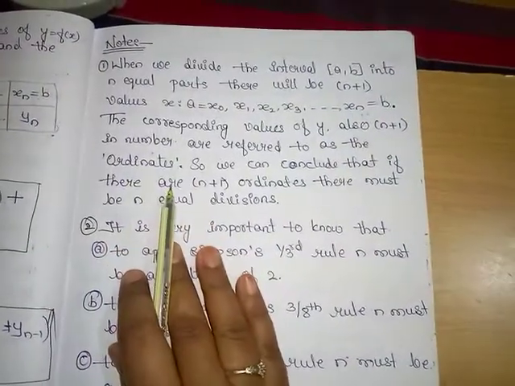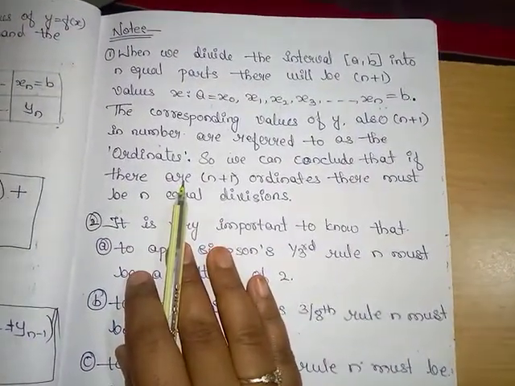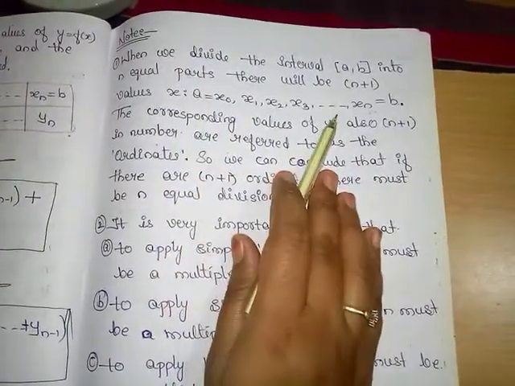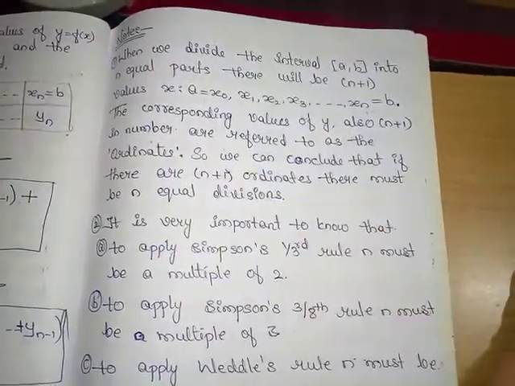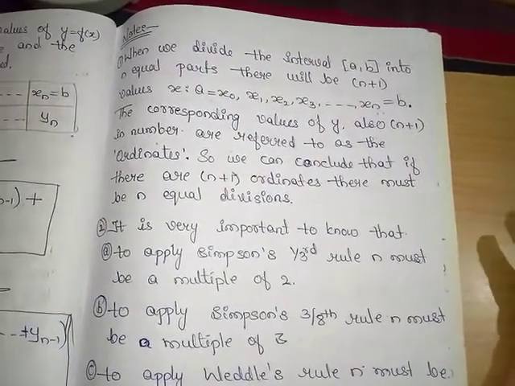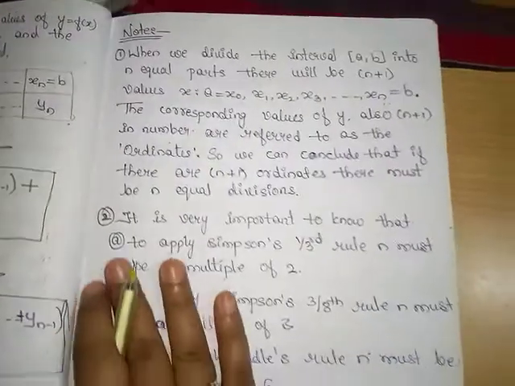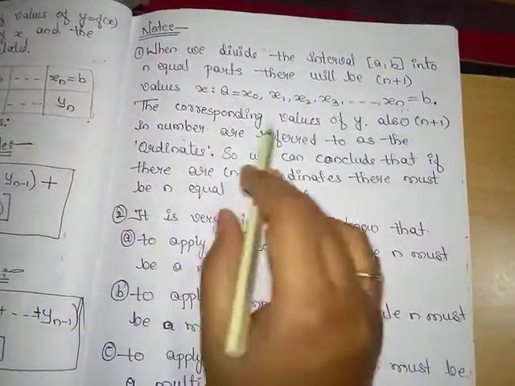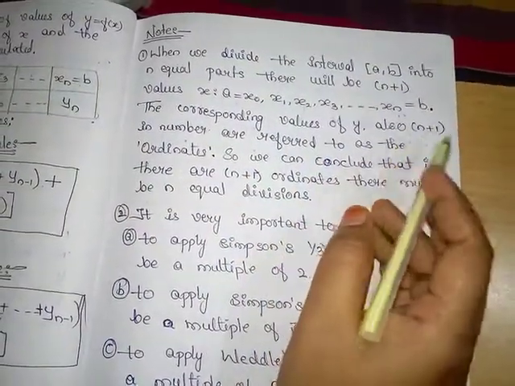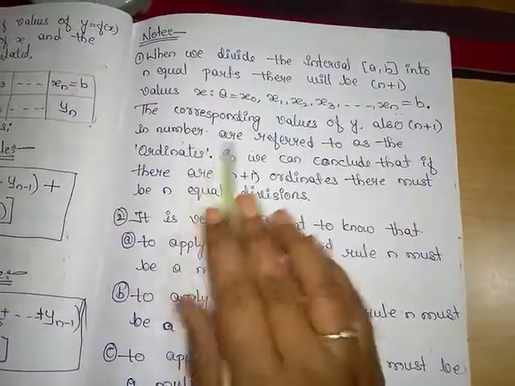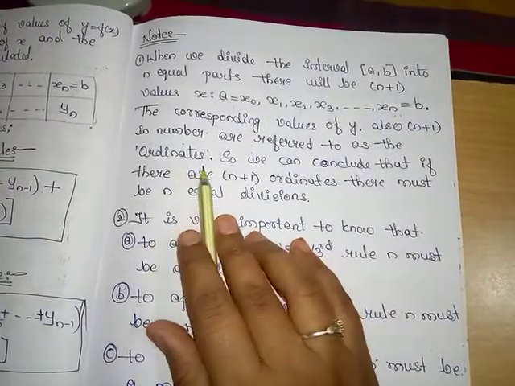The corresponding values of y are also n plus 1 in number, that is y0, y1, y2, y3 and so on. They are referred to as the ordinates. Those are called what? Ordinates.